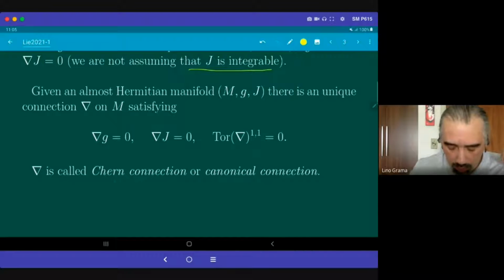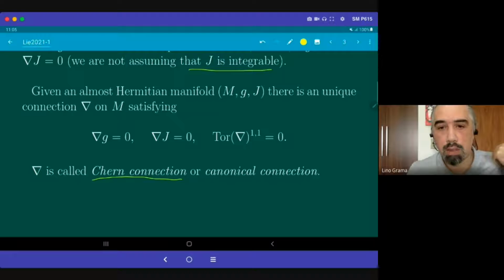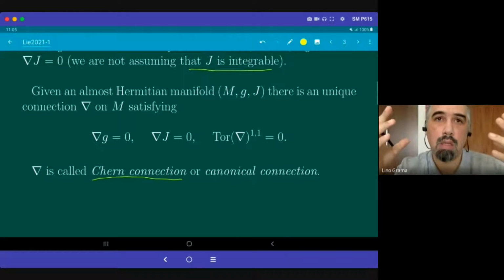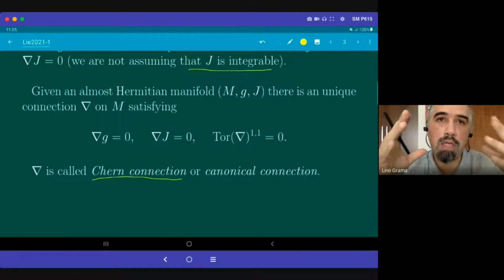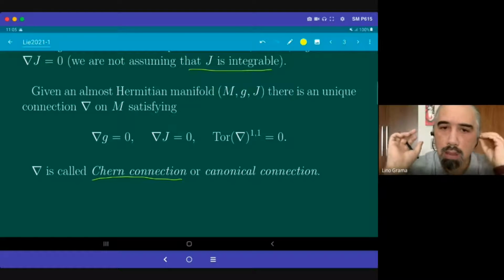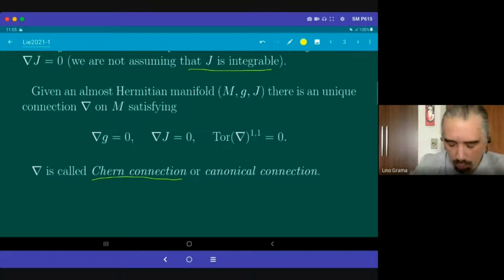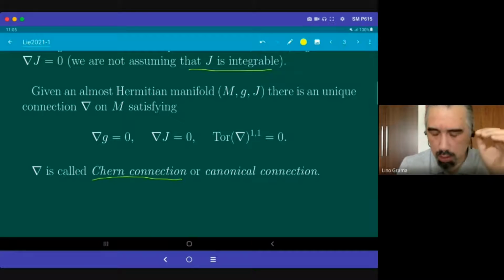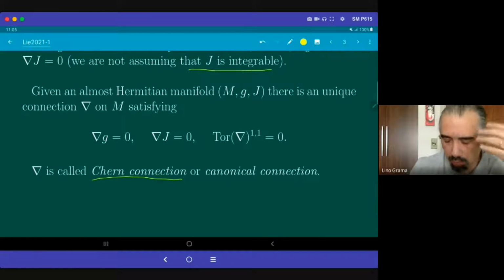This is called the Chern connection or canonical connection. If J is actually integrable, a complex structure, this connection is compatible with the holomorphic structure of the holomorphic tangent bundle. But in this case, we're not assuming J is integrable, but we still call this a Chern connection. People also call it the canonical connection. This is important: in general, it's not the Levi-Civita connection. It can have torsion.